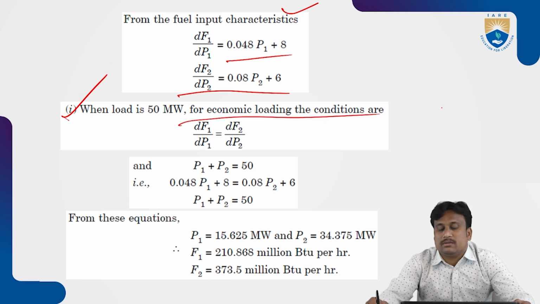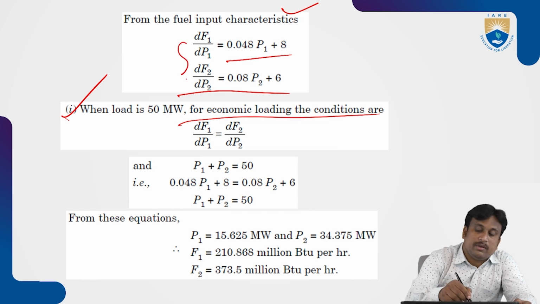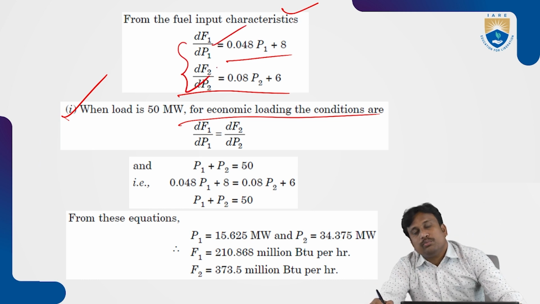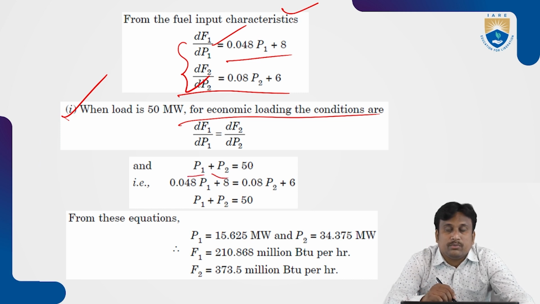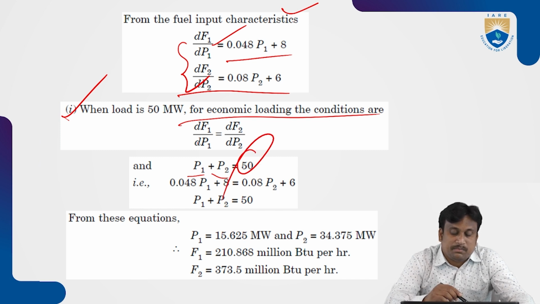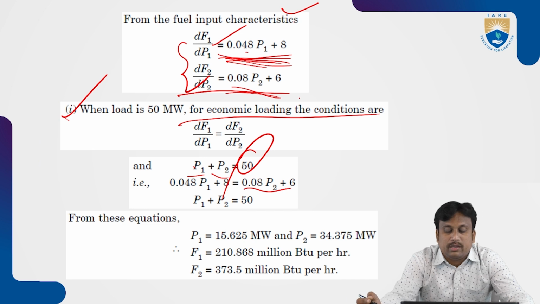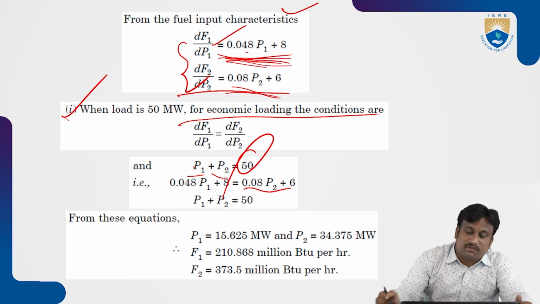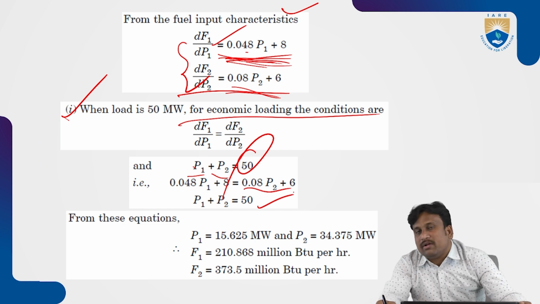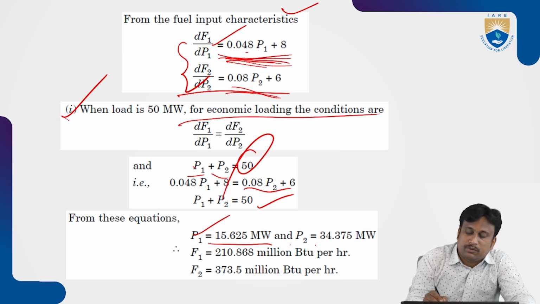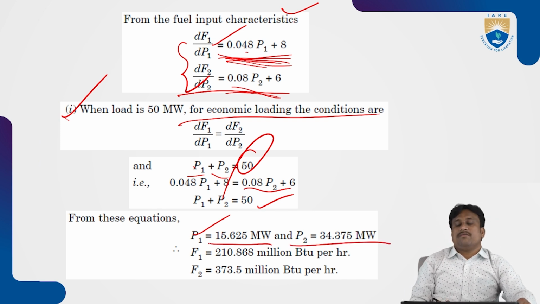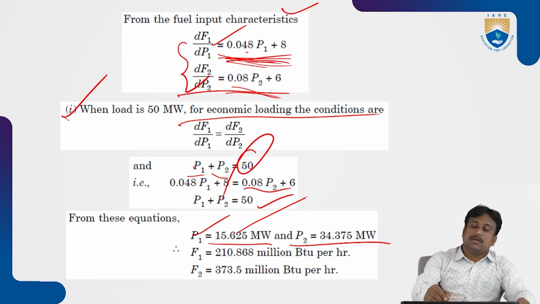For economic loading conditions, we may write dF1 by dP1 equals dF2 by dP2, and equating to the total load demand, P1 plus P2 is 50. So 0.048 P1 plus 8 equals 0.08 P2 plus 6. From these conditions, with P1 plus P2 equal to 50, P1 becomes 15.625 megawatts and P2 becomes 34.375 megawatts.